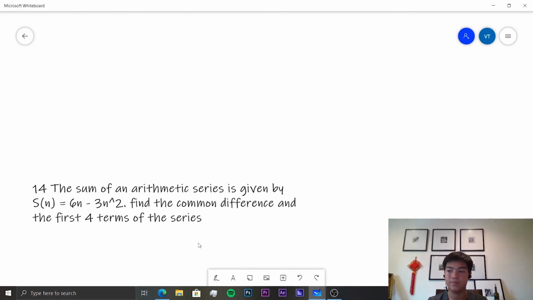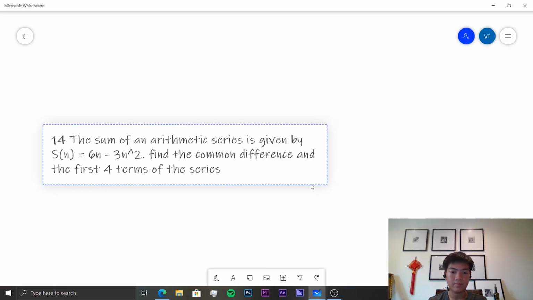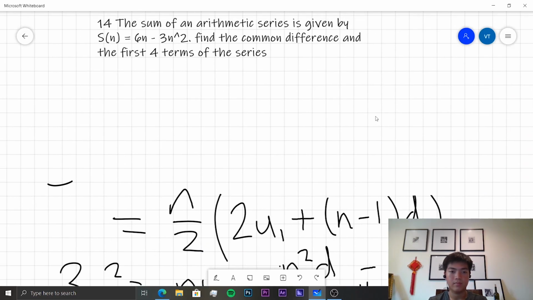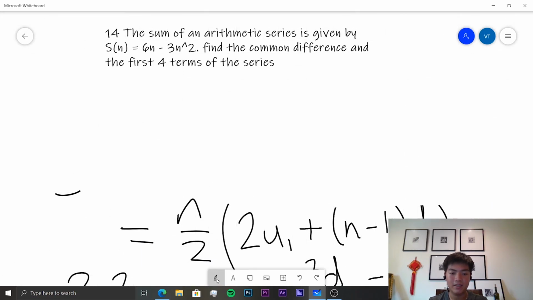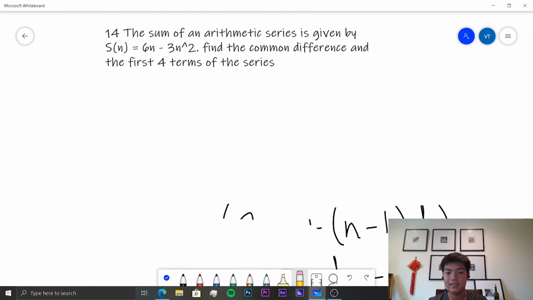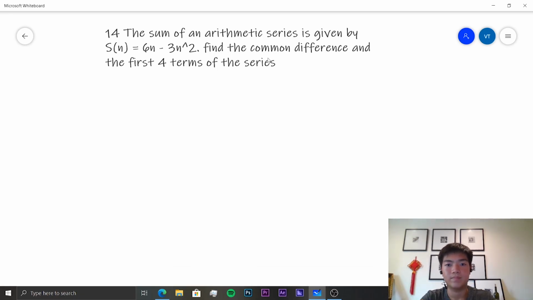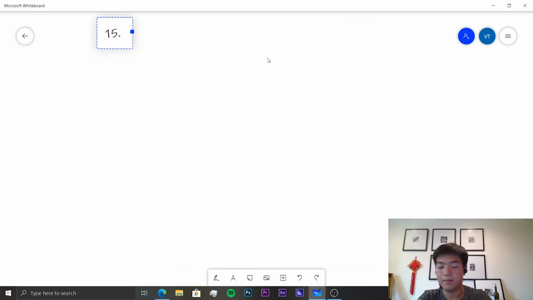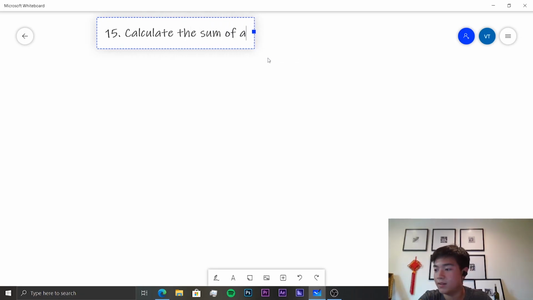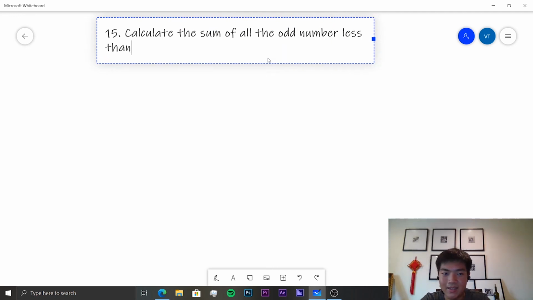The last question says: calculate the sum of all the odd numbers less than 300.